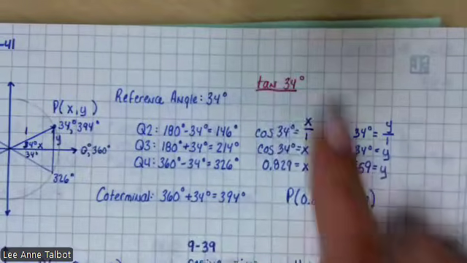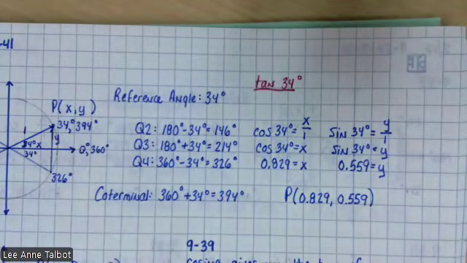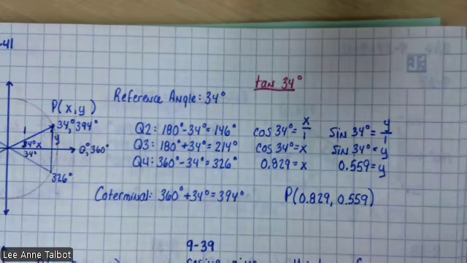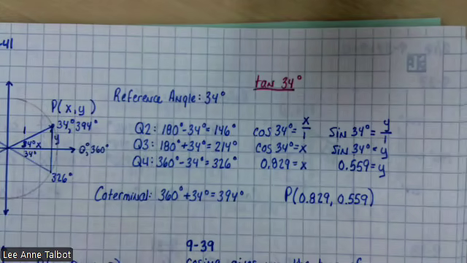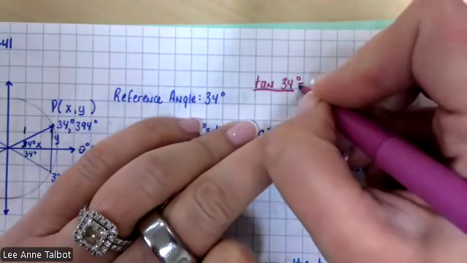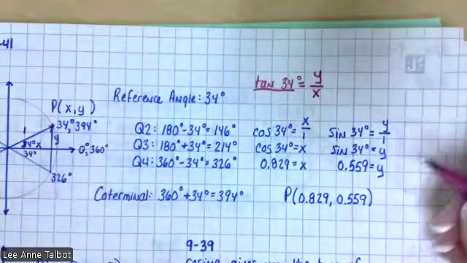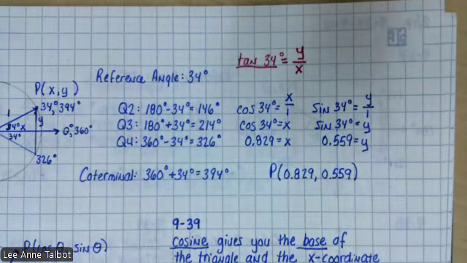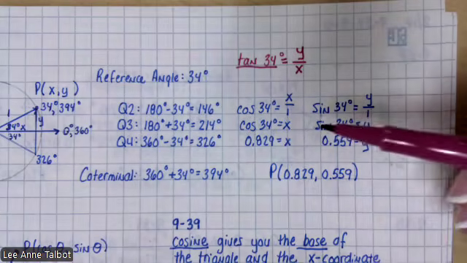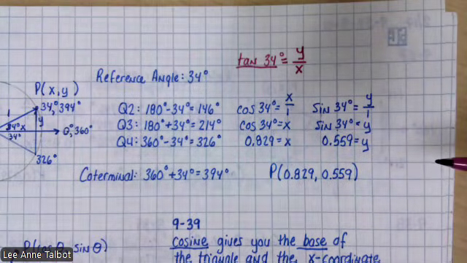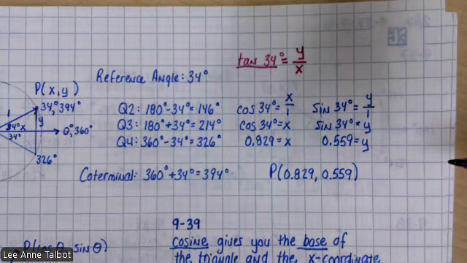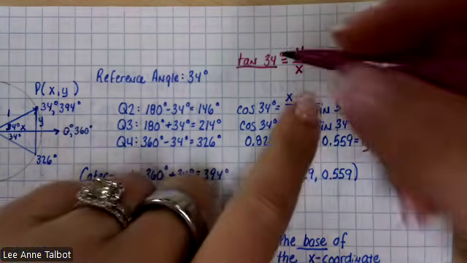Okay, so to find tangent of 34 degrees without a calculator, just working on what we know from this page, we know that opposite over adjacent in this case is y over x. Okay, and what is y in our trig functions? Which one is y? Sine, yep.